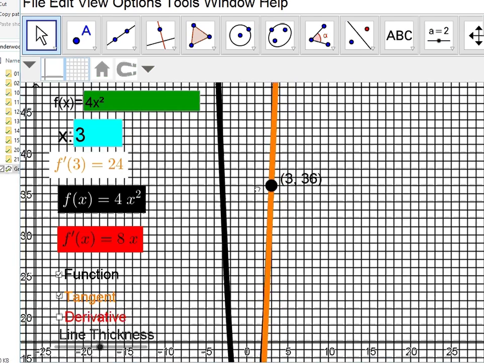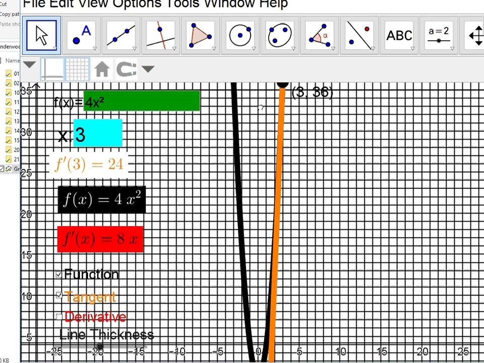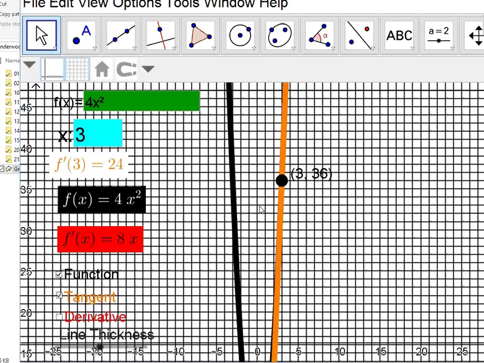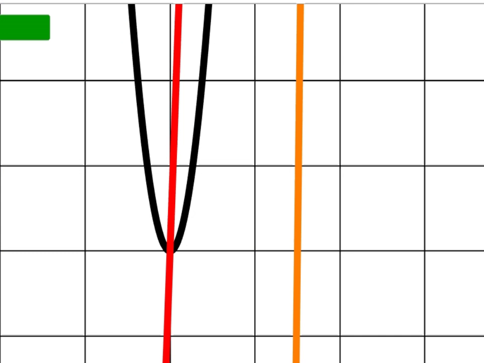So if we zoom out, you can see the parabola gets really steep, and therefore the tangent line gets steep. So if you find the derivative and then you plug in the x value, it gives you the slope of that line. Okay? Obviously the y value is 36. You plug in 3. 4 times 9 is 36. But the derivative gives you the slope of this orange line right here. Okay? So there's our first example.